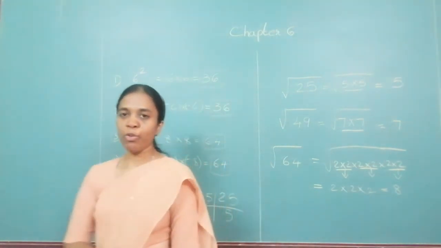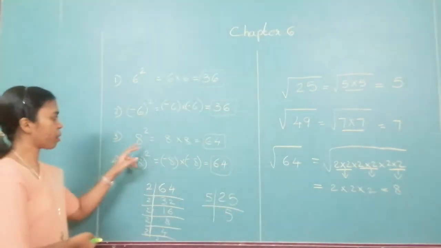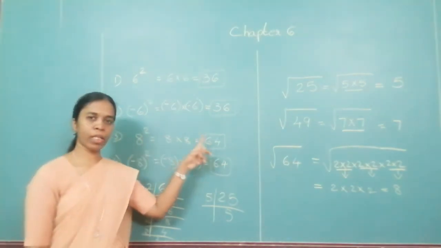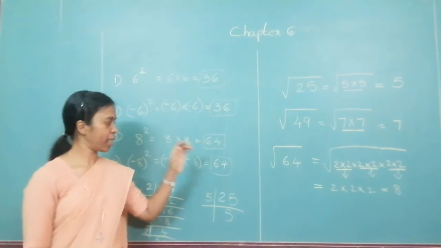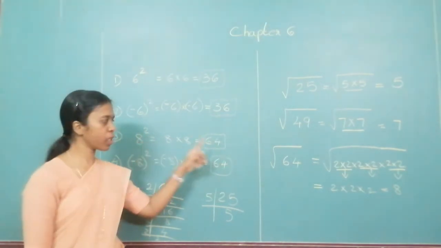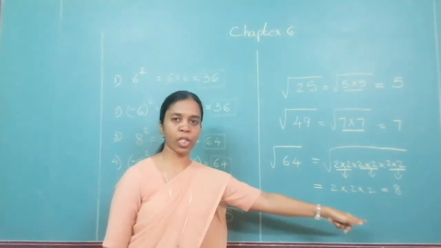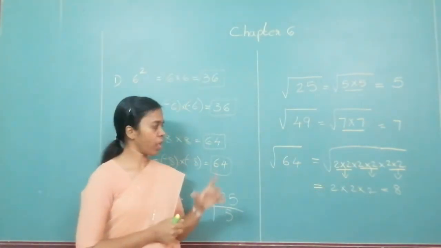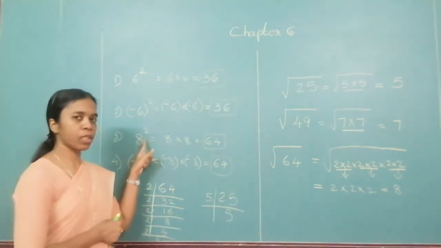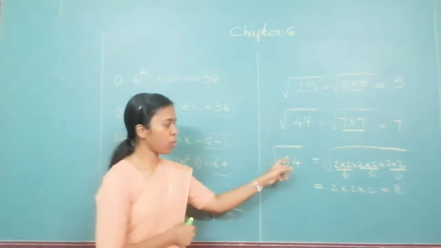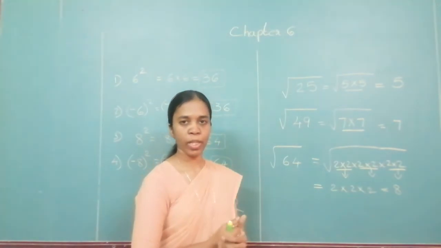Now, can you find any connection from here? We are getting 8 squared is equal to 64, and square root of 64 is equal to 8.